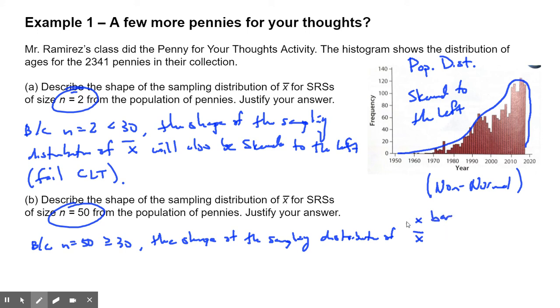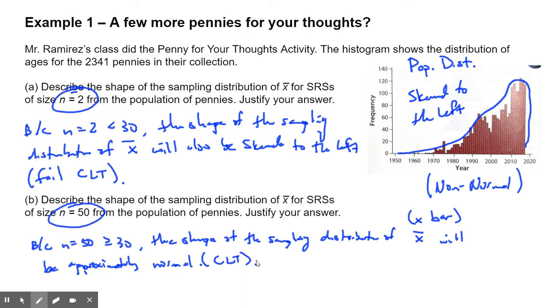If you can't find the symbol, then just put x bar. I'd appreciate that. And that is because it passes the CLT. Great.